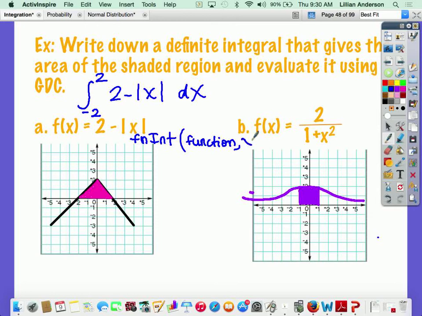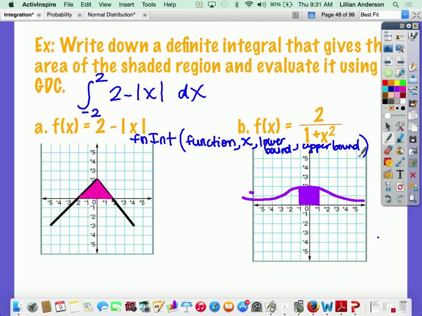Then you type in x, the actual variable, because you have to let the calculator know what variable you're integrating with respect to. Then you put your lower bound, comma, your upper bound, and then you close off a parenthesis. Anytime it pops up like this, you're going to have to go through that process.